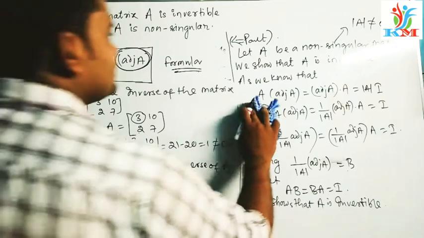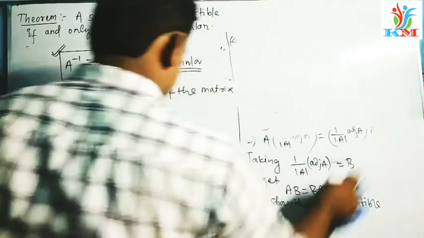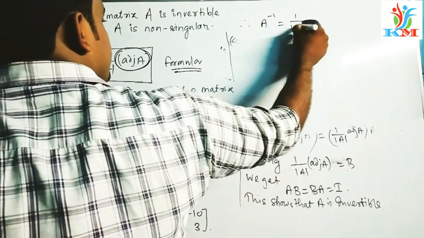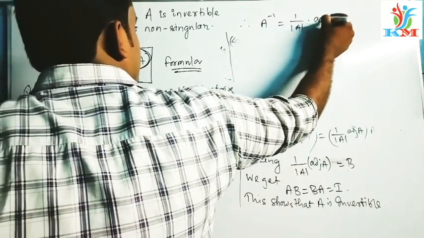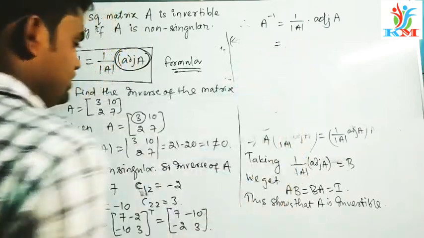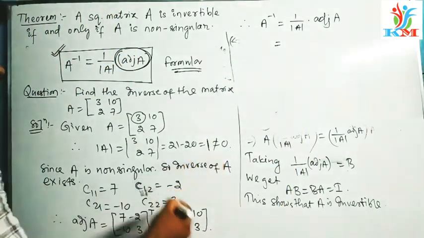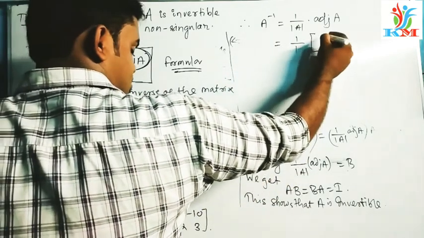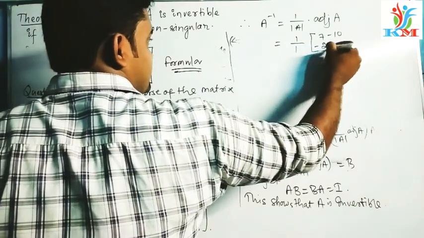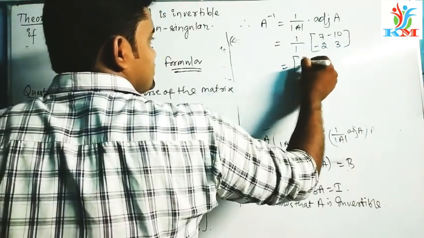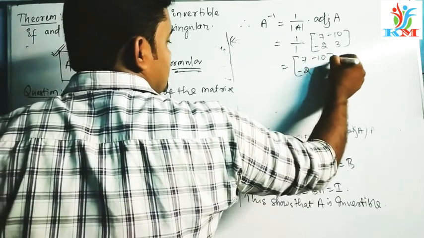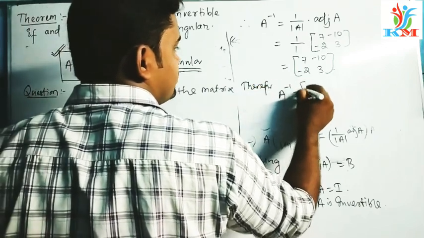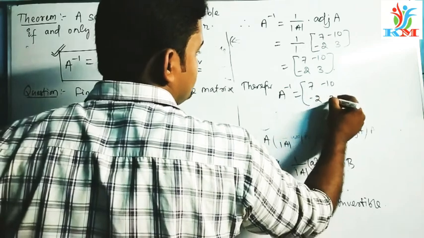So the inverse is given by A inverse is equal to 1 upon determinant of A into the adjoint of A. Here determinant of A is equal to 1, so this is 1 upon 1, and adjoint of A is equal to 7, minus 10, minus 2, 3. So therefore A inverse we get 7, minus 10, minus 2, 3.